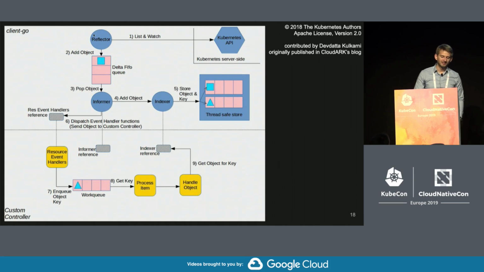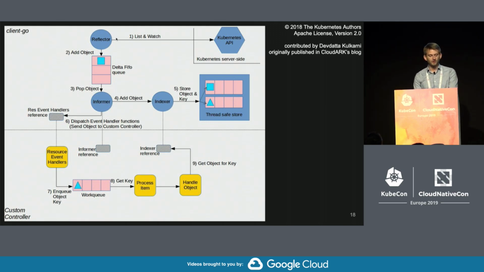Usually you create a set of informers, indexers, and reflectors, like one informer, indexer, reflector from a factory. You create one per resource. They can be shared if you have multiple controllers running in the same process, which is the way to optimize API calls.